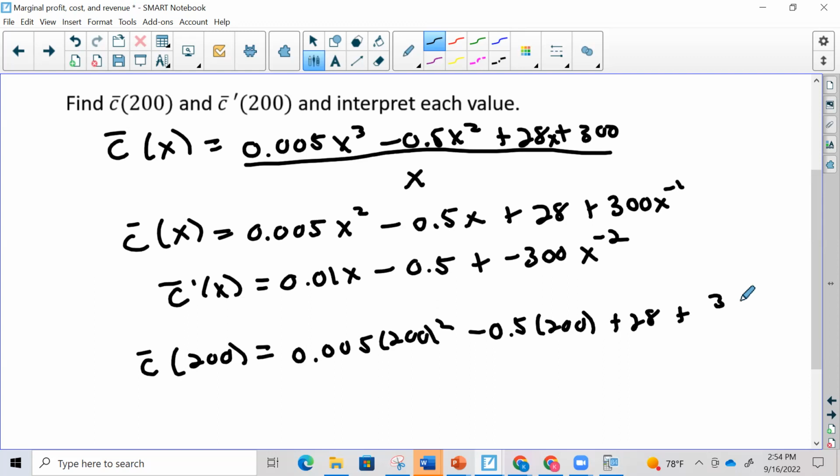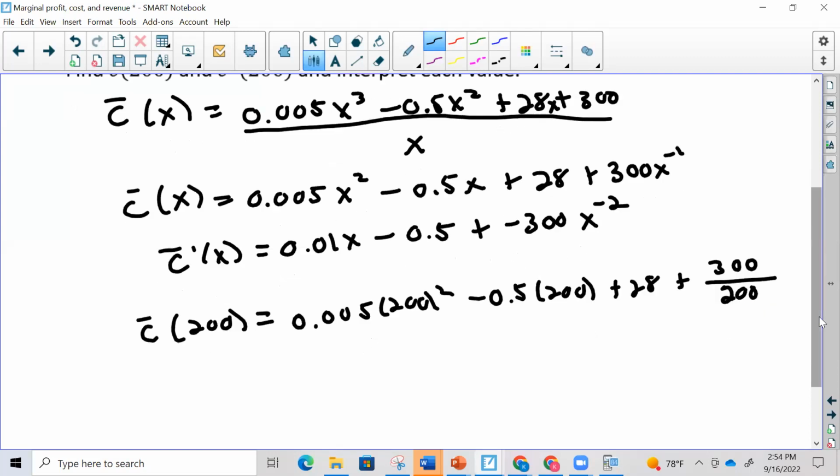Okay, and here I am going to change it. So this is 300, X to the negative first means X in the denominator, so it would be 300 over 200. You can also in your calculator raise something to the negative first. That would work as well.